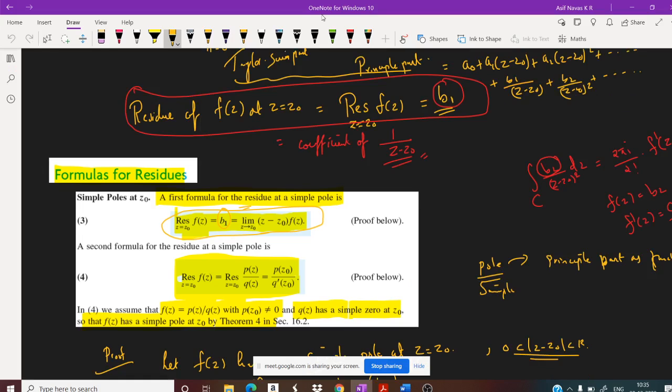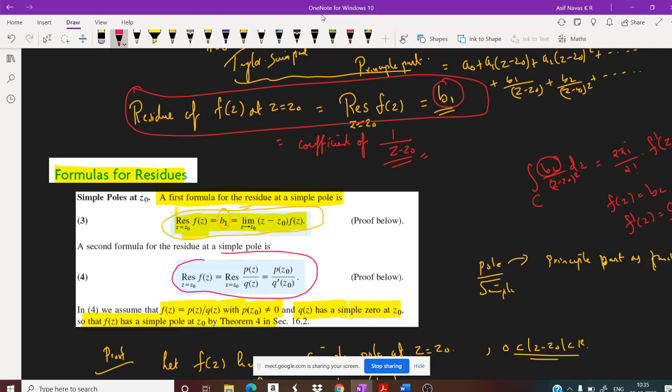That means the residue: if f of z is of the form p of z by q of z, then residue of p of z divided by q of z is equal to p of z naught divided by q dash of z naught.